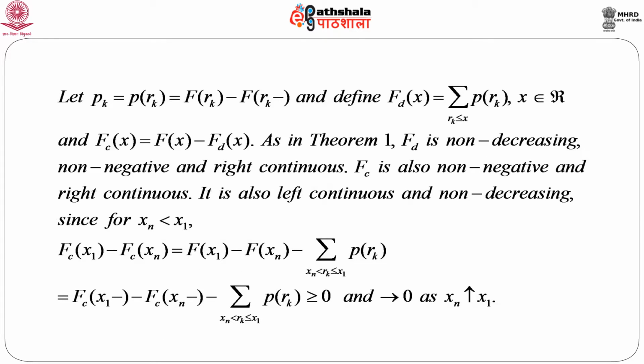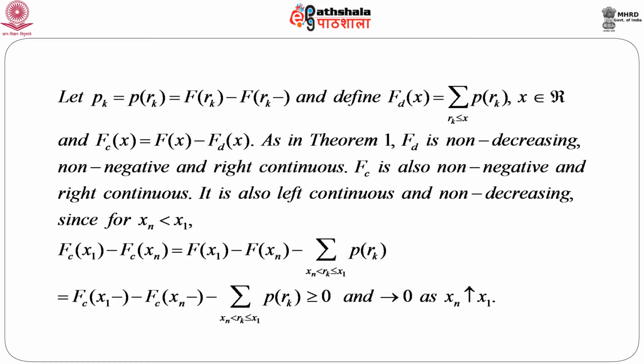Next, suppose we define p_k as p of r_k, which is f of r_k minus f of r_k minus. This means the left continuity may not be ensured, but right continuity is there because f is a distribution function, and we define capital F_d(x) as the sum of p(r_k), where r_k is less than or equal to small x, for any value of x belonging to the real line.